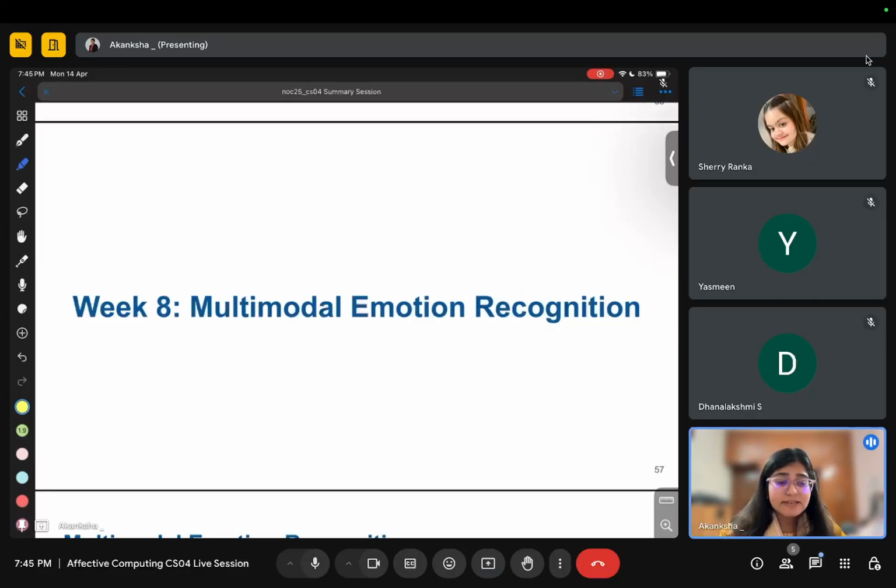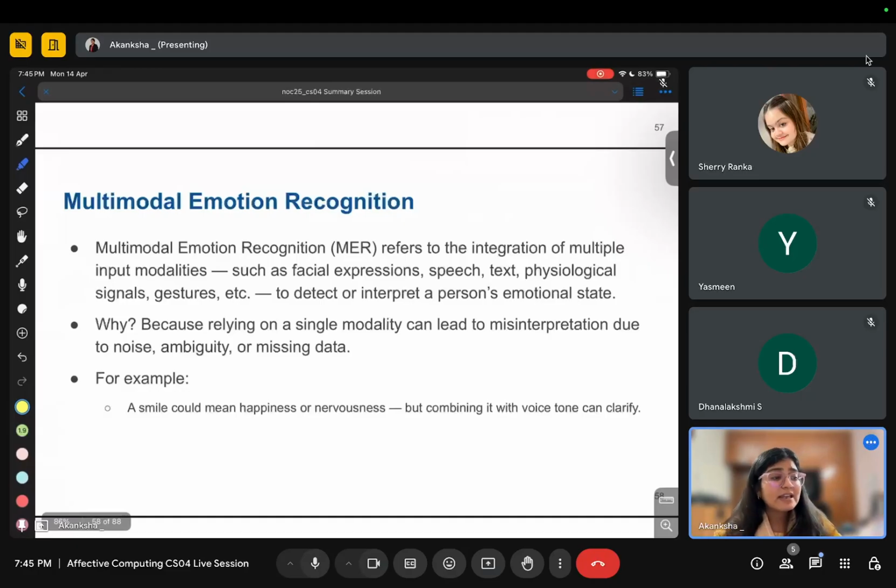मतलब of course if any other modality is not available तो आप fuse भी नहीं कर सकते हो, but if there are multiple modalities available, so what is the benefit of using? We want to integrate different input modalities such as this facial expression वगैरह वगैरह to detect and interpret emotional states, because relying on a single modality may lead to misinterpretation, to noise, ambiguity, missing data, and also so on.